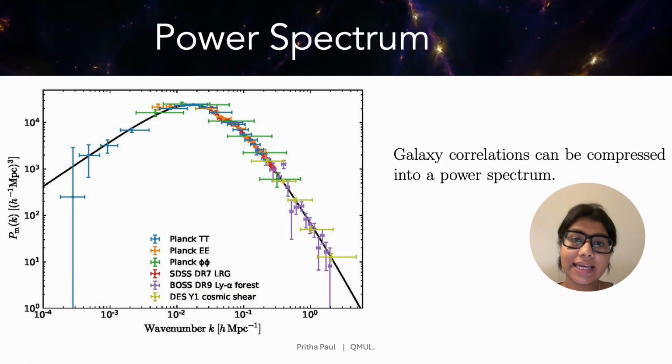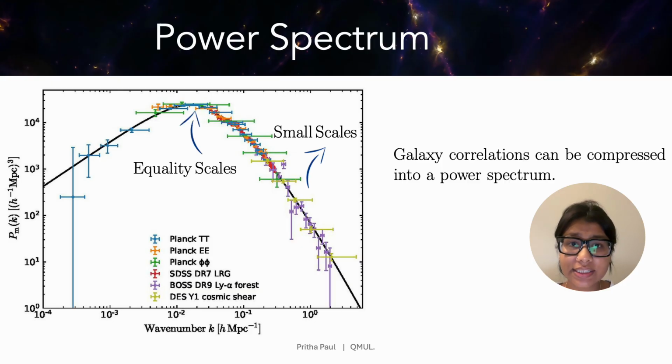We can now use the galaxy number counts to construct statistics such as the power spectrum. The power spectrum is the statistic that is commonly used in the literature. From this plot of the power spectrum, we can see that there are lots of constraints on the equality scales, but fewer as we go towards smaller values of k, or larger scales.